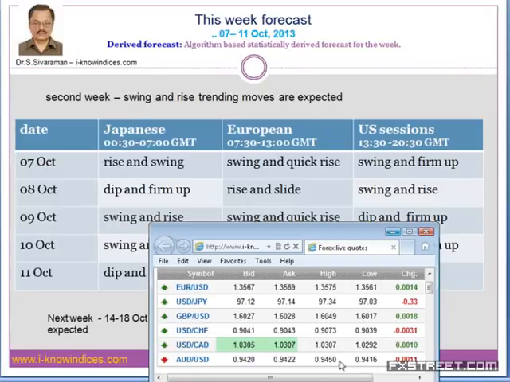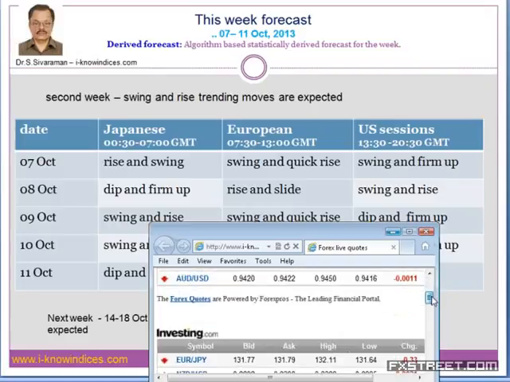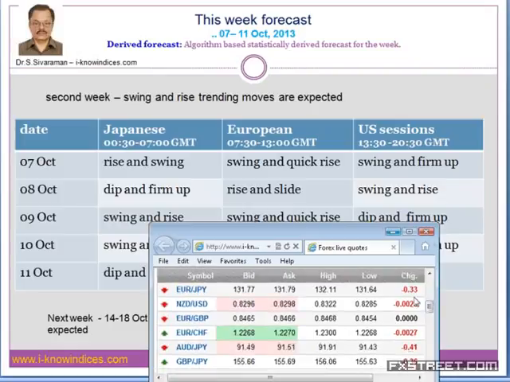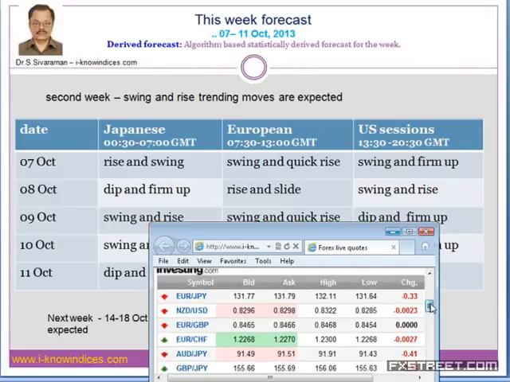But the players are here to handle the majors and the crosses in a contrarian way and try to bring in big volatile moves in the case of crosses. For example, Euro Yen, now it is showing a negative net change and it is trading closer to the low. So we might think that, okay, Yen is near the low.